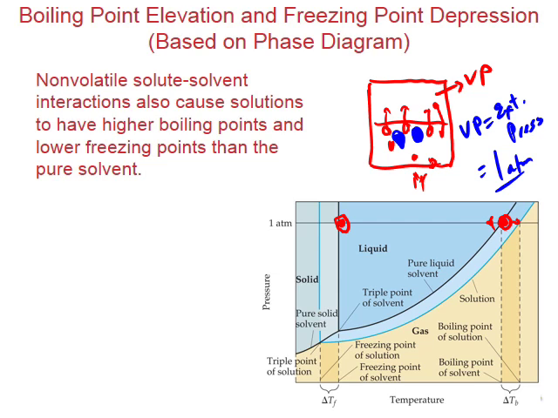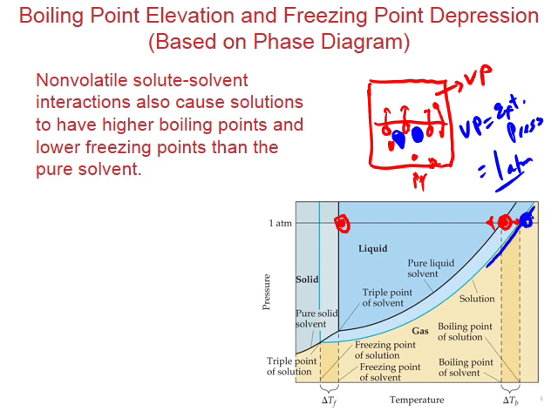You see that the solution graph lies underneath the pure solvent graph, and that's why this bottom curve is the solution curve. And if you look at it under 1 atmospheric pressure, you can see that for the solution the boiling temperature is here, shown with the blue circle, and this represents an increased boiling temperature.